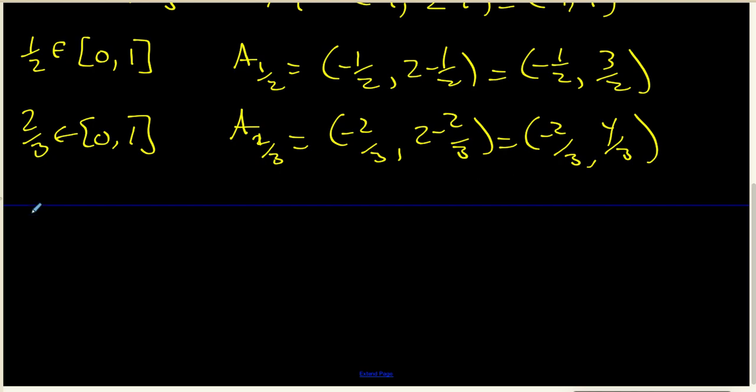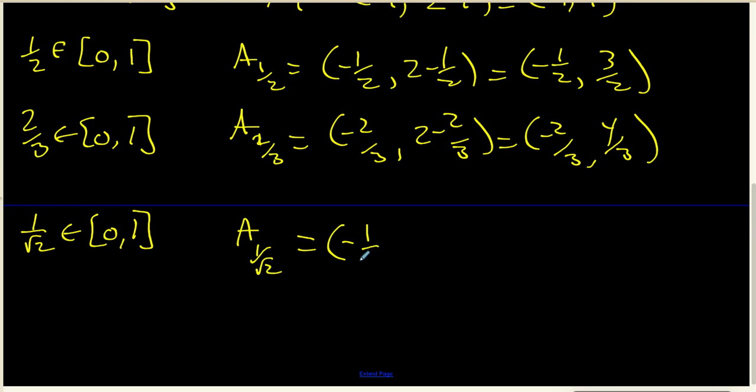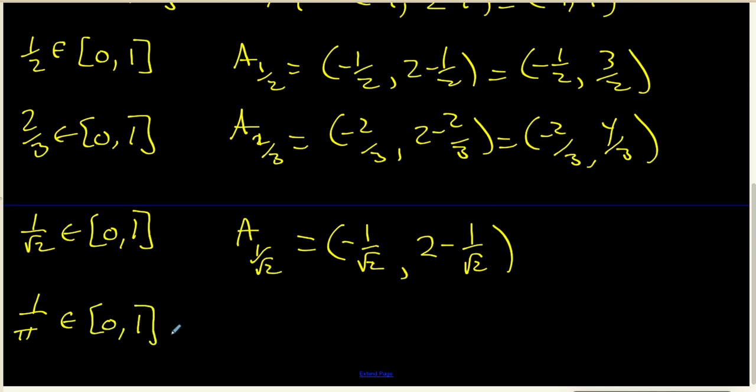But we have other irrational elements inside this set as well. 1 over the square root of 2 lives inside that particular set, and A sub 1 over the square root of 2 would be the open interval between minus 1 over root 2 and 2 minus 1 over root 2. 1 over pi is another irrational number inside this set, and A sub 1 over pi would be the open interval between minus 1 over pi and 2 minus 1 over pi.